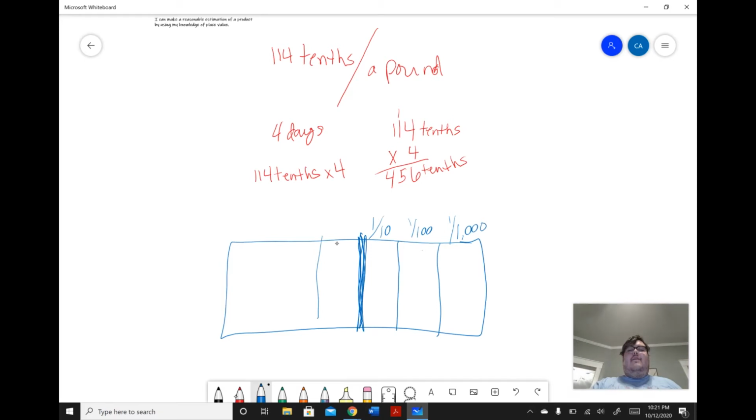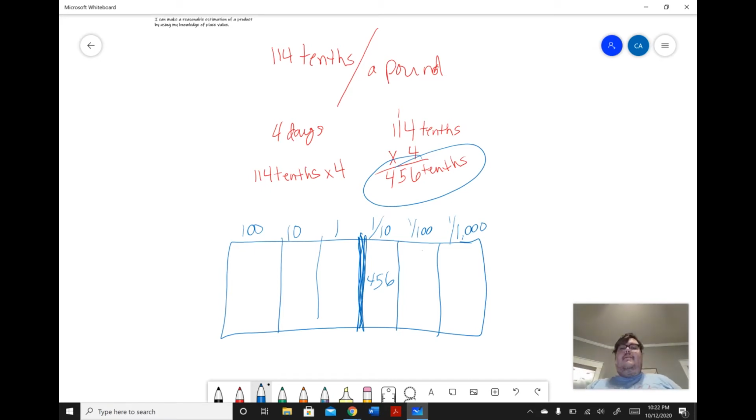Then we have our ones, our tens, and our hundreds. We can keep going, but we're just going to stop there for now. So looking back here, I have 456 tenths. So I'm going to put 456 in my tenths place. Well, I already know that that is way too much.